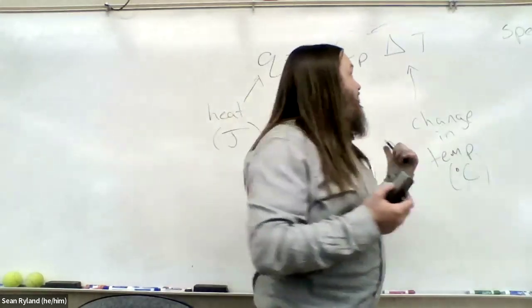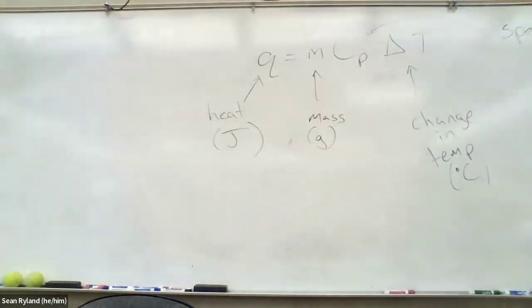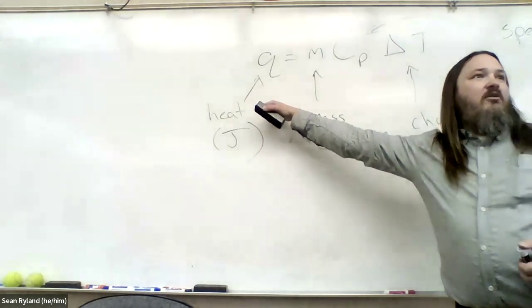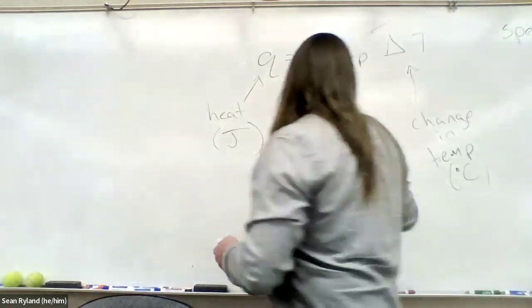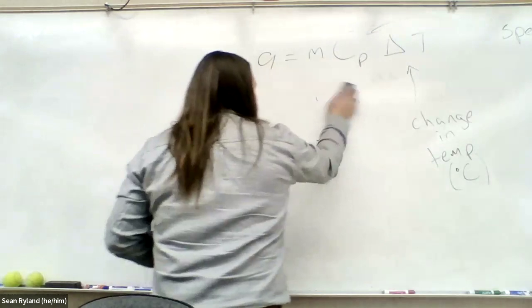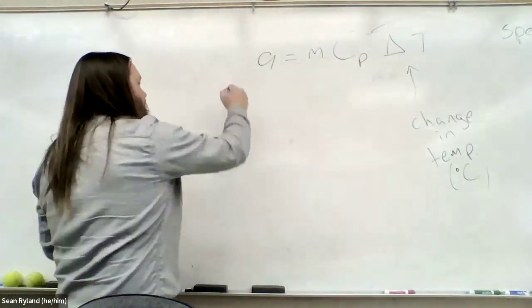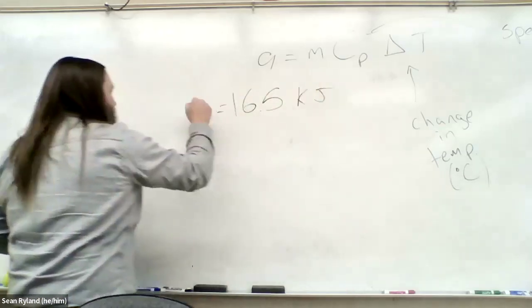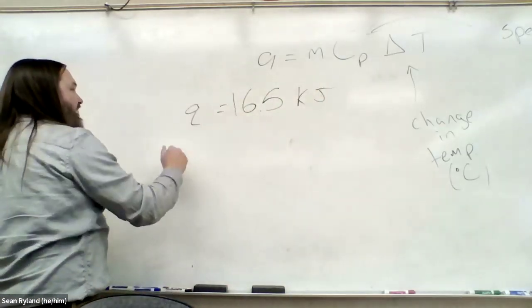Are we given enough information here? Yes. What are we solving for? Change in water temperature. So we're solving for delta T, so we need the rest of the variables to be accounted for. What's Q going to be? 16.5 kilojoules. What's mass?